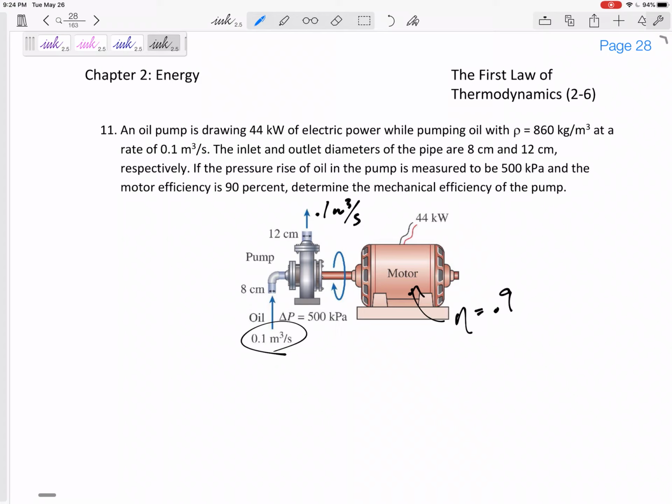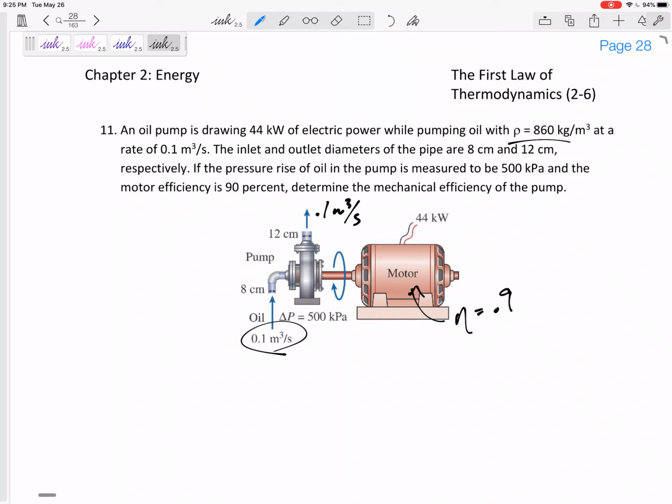There's no reservoir for it to collect fluid. So it's pumping with the same volumetric flow rate in and out, also the same mass flow rate in and out, and we're assuming this is a constant density oil.